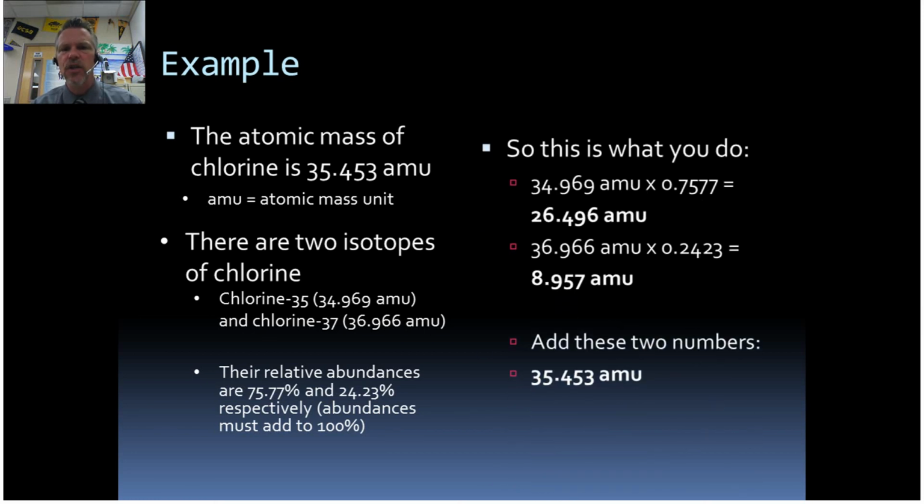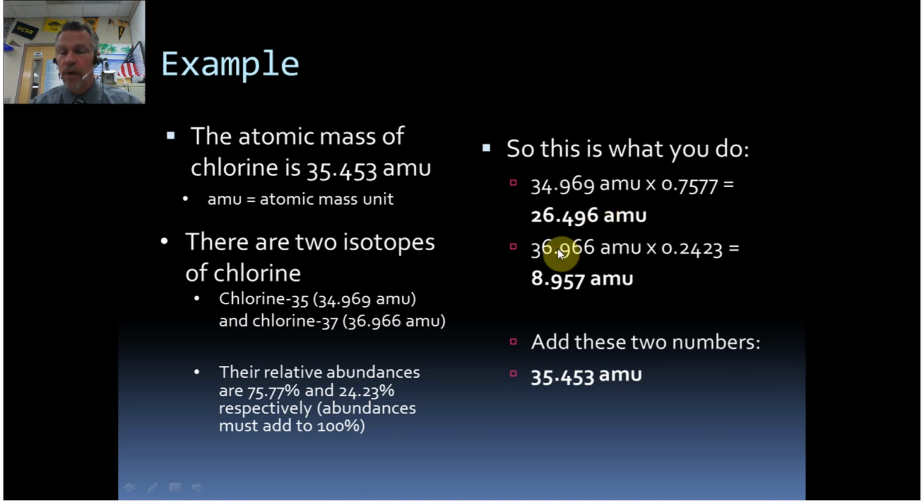So make sure if you're given these numbers, they should add up to 100. This is how you actually do the math. This is how you do this kind of problem. We take the first one, chlorine-35. Here is its atomic mass, 34.969, and we multiply that by its relative abundance. Now notice I turned the relative abundance from a percentage into a decimal. So relative abundance times AMUs will give you 26.496 AMU that comes from chlorine-35.